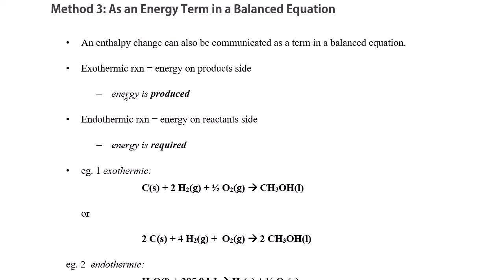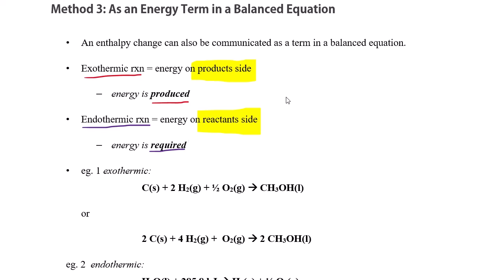Let's remember, first of all, that if I have an exothermic reaction, that means that we're producing energy. So if energy is being given off, it'll be on the product side. If I have an endothermic reaction, the reaction is requiring energy, so that means that energy needs to go into it. The energy term needs to be on the reactant side. And just in case you've forgotten, how do I know if it's going to be an exothermic or endothermic reaction?